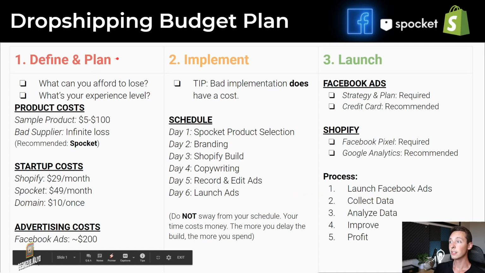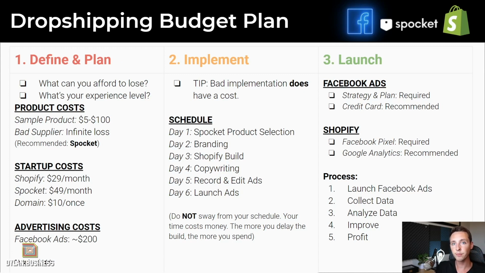First of all, we have define and plan, and this is the foundation of a dropshipping budget plan. There are 2 questions I want to ask you right from the start. Number 1, what can you afford to lose? That is an extremely important question. If you can afford to lose $100 and that's it, it's going to be difficult to make decisions with no emotional resistance. What do I mean by that?